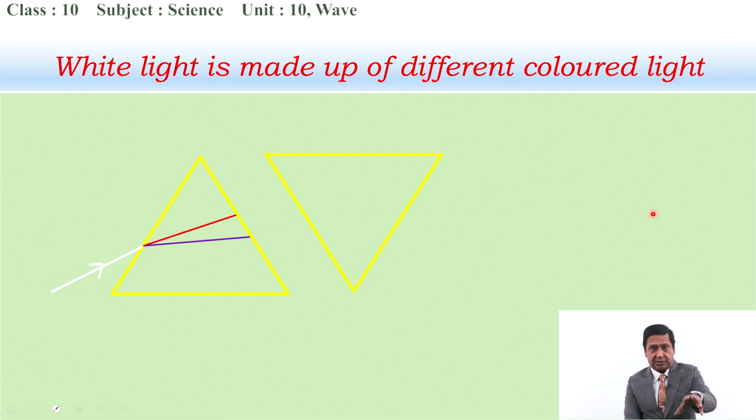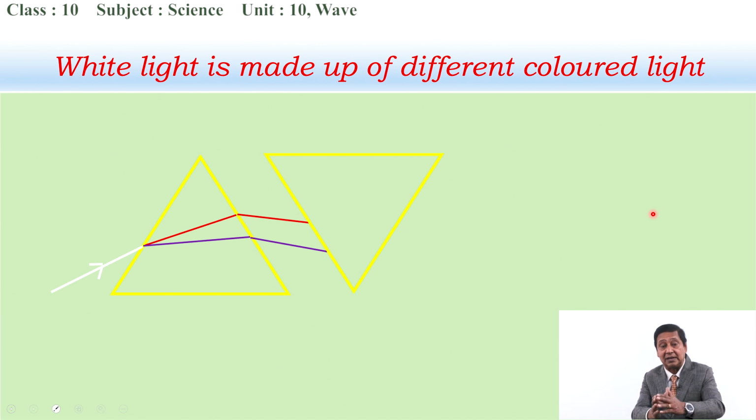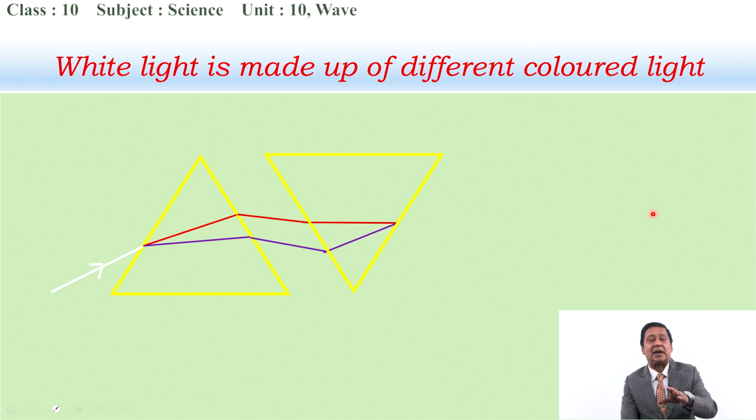This is dispersion, and when light comes out from this prism, because of the dispersion, the separation increases at the second surface because refraction is followed by dispersion. And when it enters the second prism, they recombine with each other and again white light comes out.